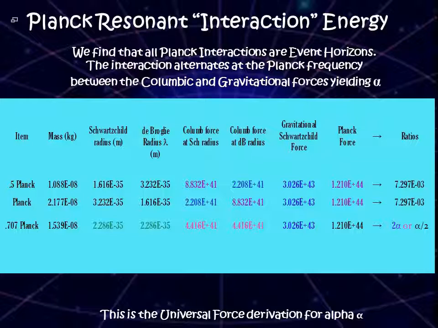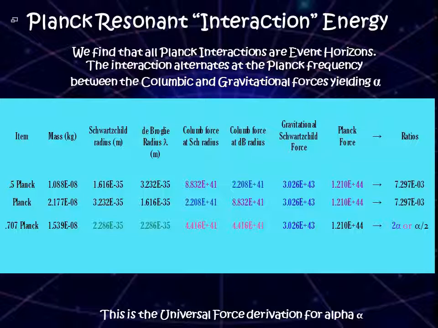And I have the numbers here for you. You can see them here, and they're broken down here. The items being the Planck mass, 1.707 Planck mass, half the Planck mass, the Schwarzschild radius for each of those, the de Broglie radius, the Coulombic force at the Schwarzschild radius, the Coulombic force at the de Broglie radius, the gravitational Schwarzschild force, and the Planck force, calculated directly from the Planck energy.